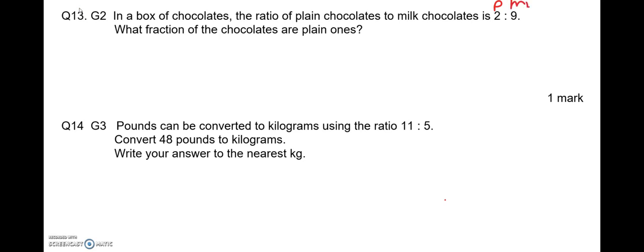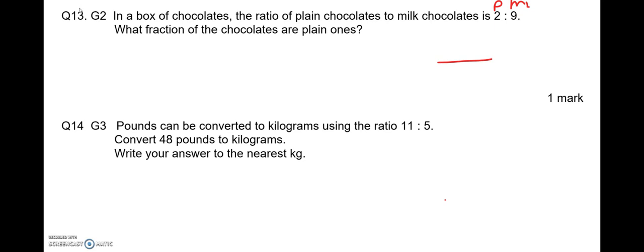So it might not be the exact number of them, but the ratio. This is the ratio of plain chocolates to milk chocolates. What fraction of the chocolates are plain ones? So when it says a fraction of the chocolates, means of all the chocolates.